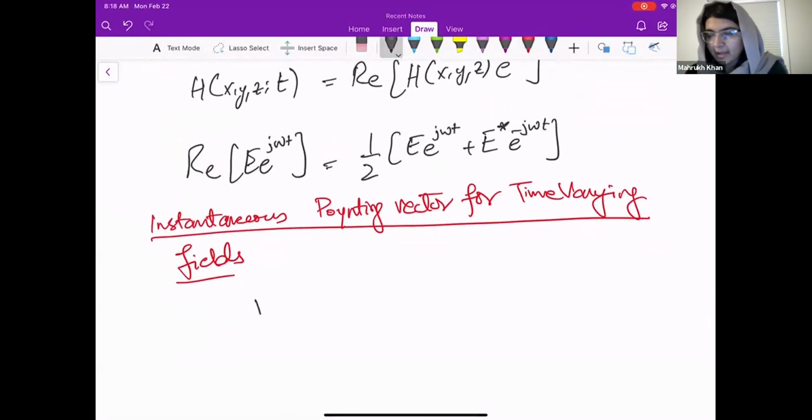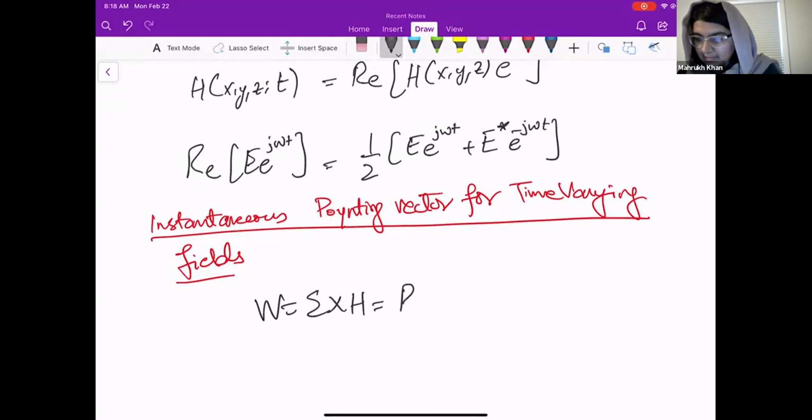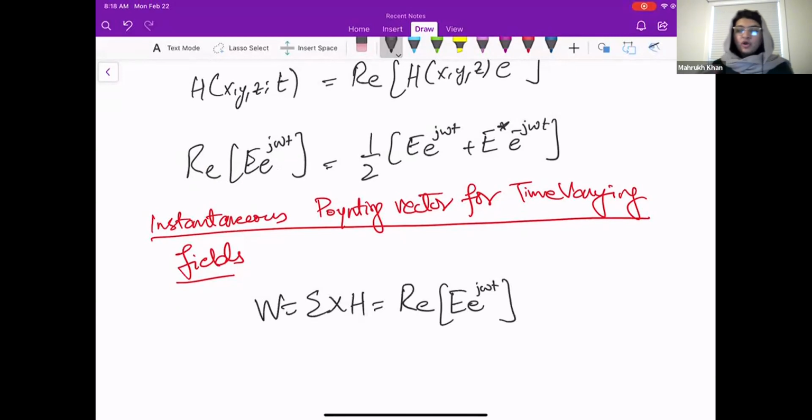If I have this formula for the Poynting vector, I will replace this as, for simplicity, I'm not writing xyz every time. I am just writing e^{j omega t}, cross the real part of H e^{j omega t}.